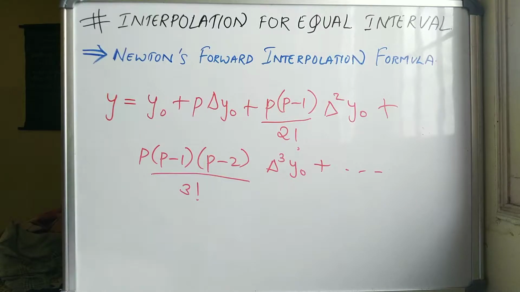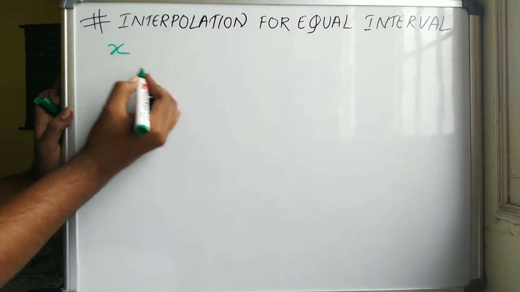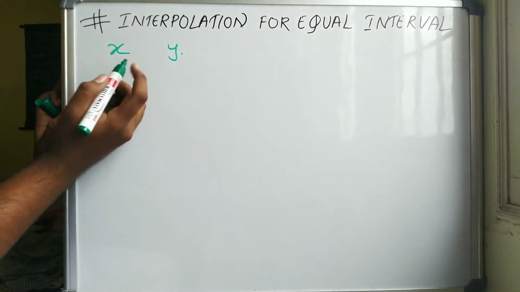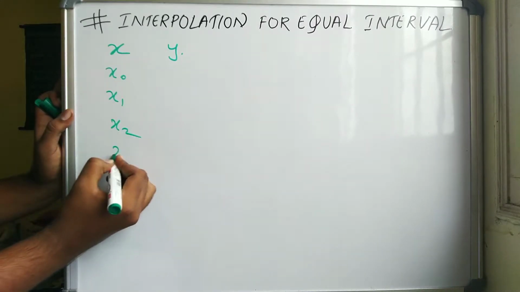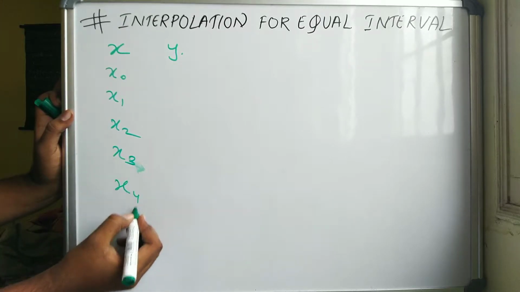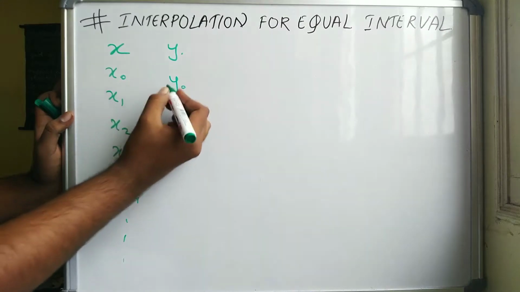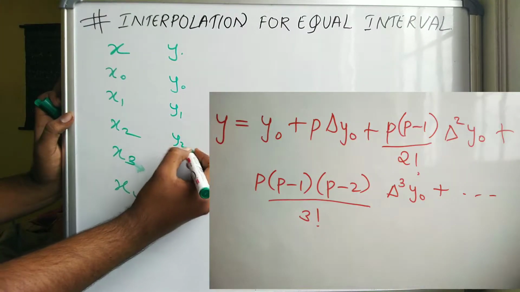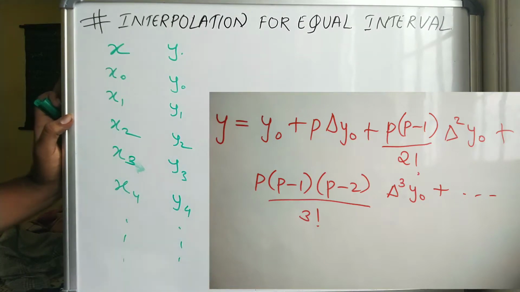Right? So we'll take some values of x and y: x0, x1, x2, x3, x4, and so on. Similarly, the corresponding y values: y0, y1, y2, y3, y4, and so on.